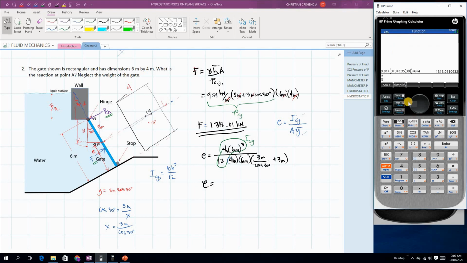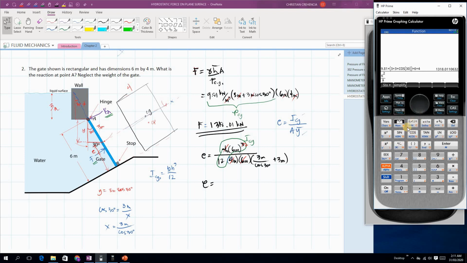So we have, actually pwede naman natin simplify muna, no? So cancel natin yung 4. Alisin natin yung isang 6 meters. So magiging square na lang to. Okay, so solving for E, we have 6 squared over, so we have 12 times, cancel na yung 4 and 6. Then we have 3 over cosine 30 plus 3 meters.